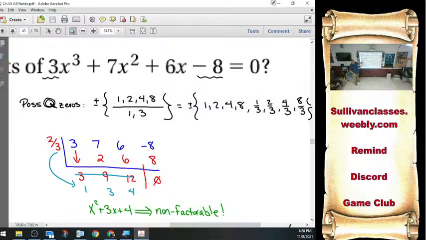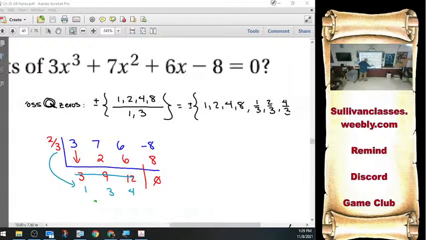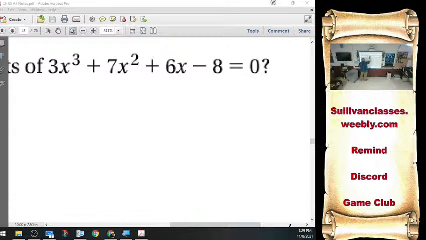The guessing. Like, I don't want to guess and check 16 times. But if I can just guess really good the first time and then show you there's a non-factorable quadratic, good enough. Okay? So instead of doing this the hard way, we're just going to say, what do we feel really lucky about? Okay?